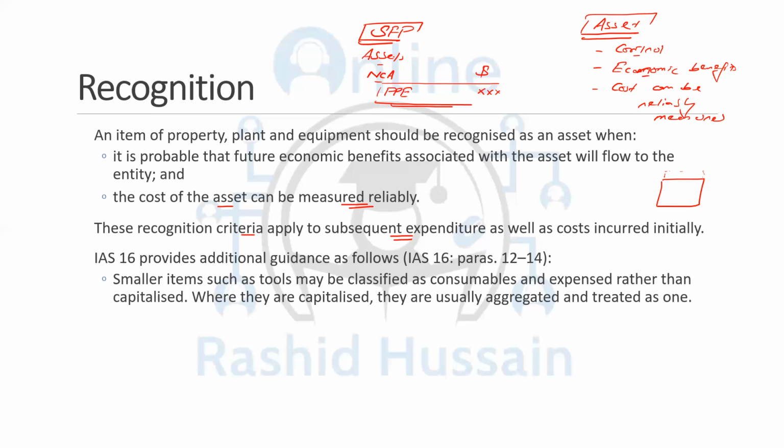Whenever I say capitalize, that means that thing is going to be part of the asset cost. So whether it is an initial expenditure or a subsequent expenditure, it should meet the definition of that asset.